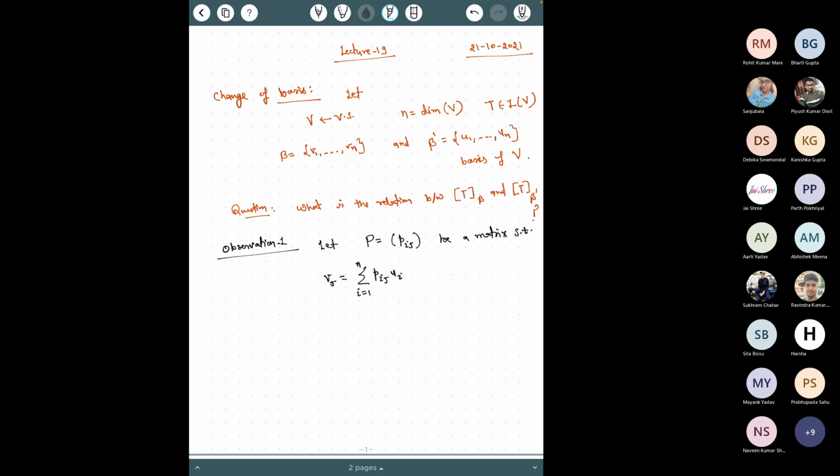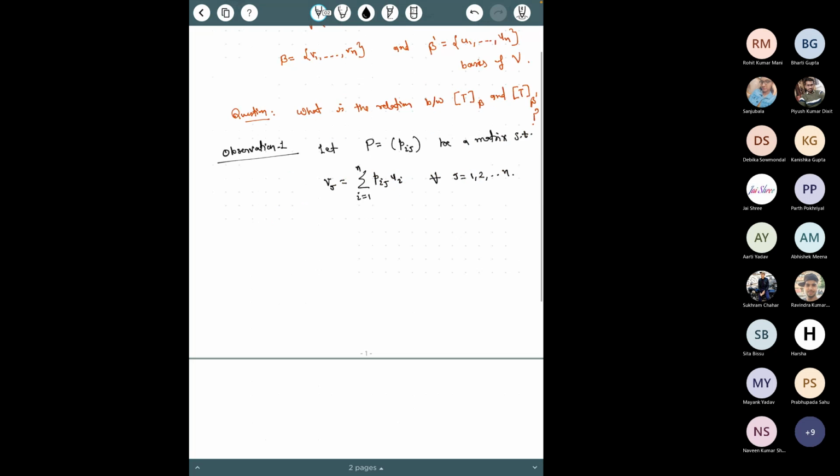So the jth column of P is nothing but the coordinates of Vj when you write Vj in terms of the Ui. This I can do for all j from 1 to n.